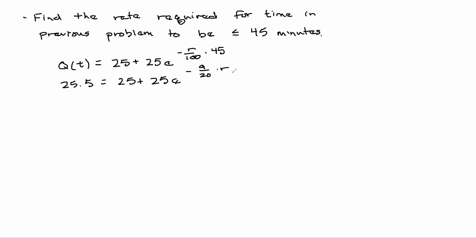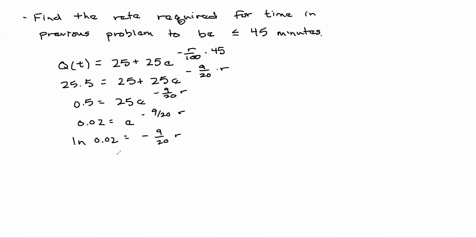And now we can just solve for R. So subtract, we get 0.5. Divide, we get 0.02. And then natural log. And then multiply by the reciprocal.